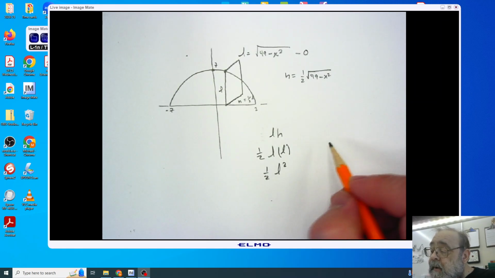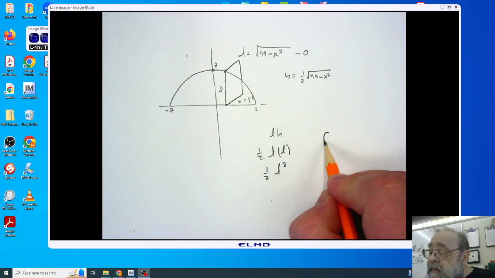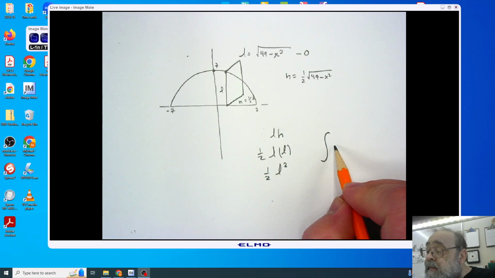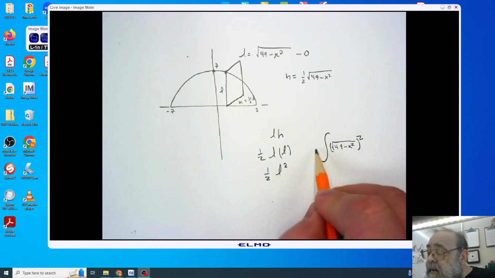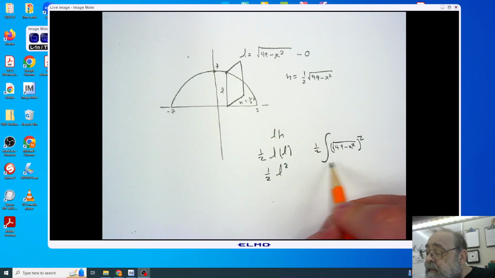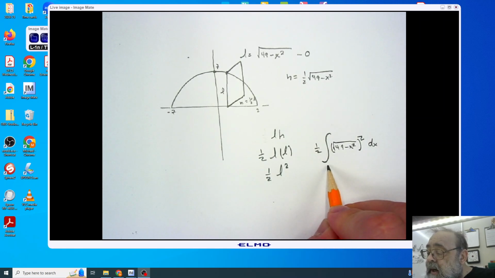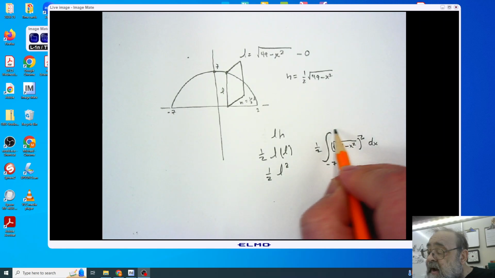So putting it together, I am working with my length, which is the square root of 49 minus x squared. It is being squared, multiplied by 1/2 dx, and I'm going from negative 7 to 7.